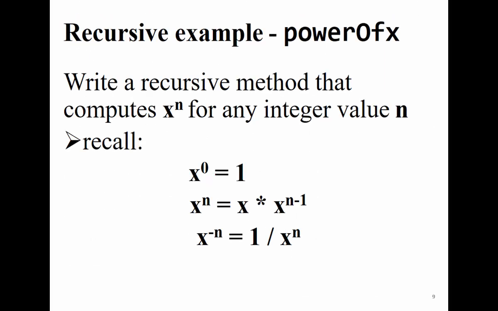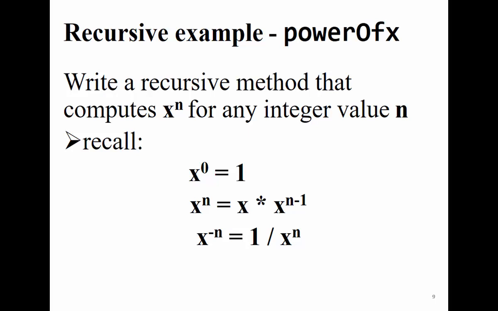We remind you of the power of x recursive algorithm. Power of x calculates x to the power of n. We have x to the power of 0 equal to 1. X to the power of n can be written as x times x to the power of n minus 1.